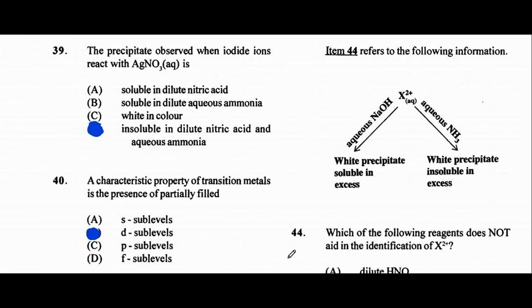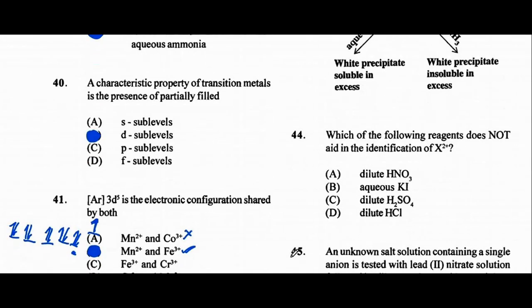Which of the following reagents does not aid in the identification of the X2 plus ion? Nitric acid, because when it's with nitric acid, you will form the X2 plus nitrate compound, and all nitrates are soluble, so you still wouldn't know what it is. 44 is A, the last one.